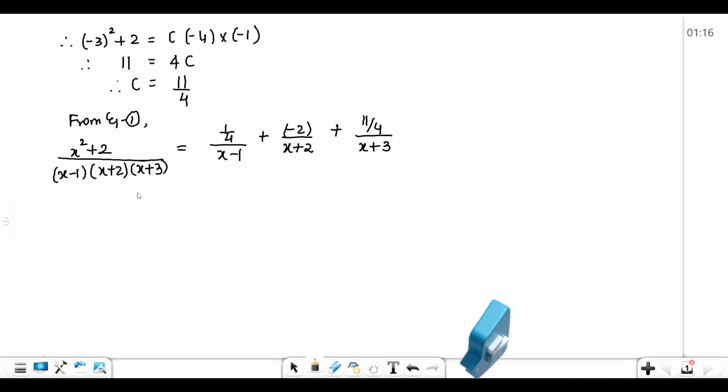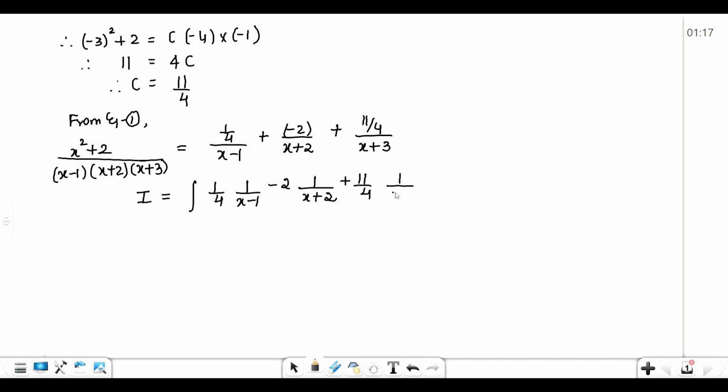So let's just integrate the whole thing here. I'll just put the substitution, take 1 by 4 here, we'll write 1 upon (x minus 1), then minus 2 times 1 upon (x plus 2), then 11 upon 4 times 1 upon (x plus 3) dx.